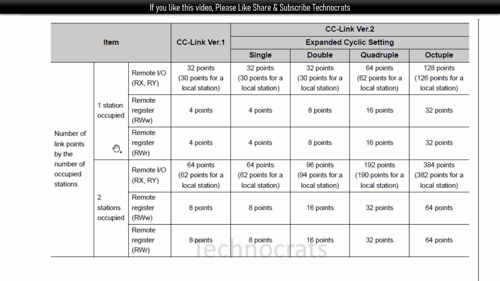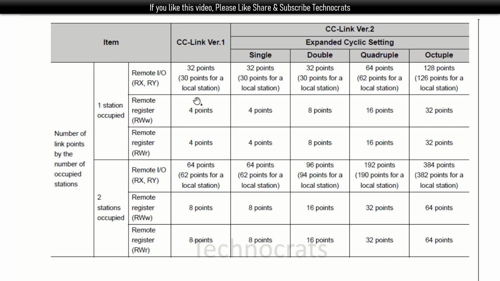In version 1, one station occupies 32 bits of RX, the remote IO inputs, and 32 points of remote outputs. And it also occupies 4 remote registers for write and 4 remote registers for read.